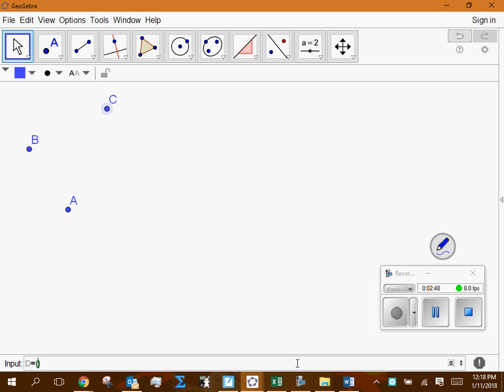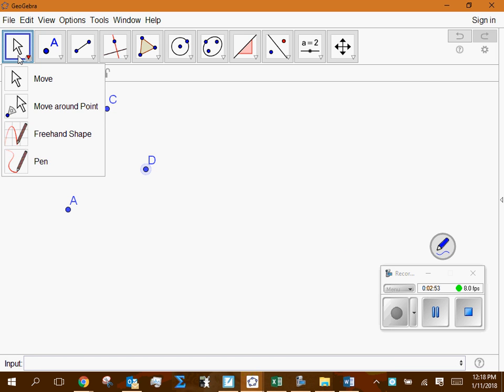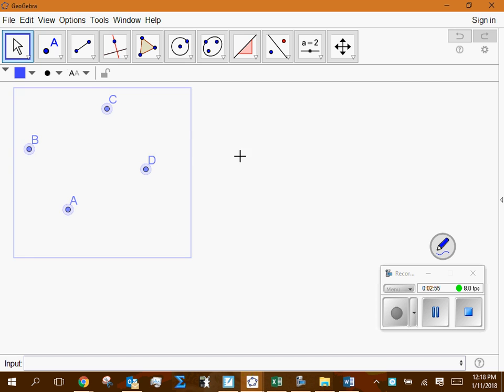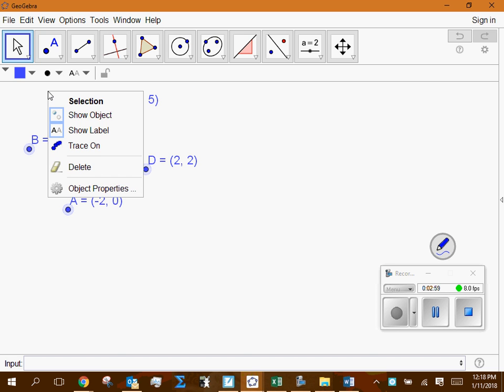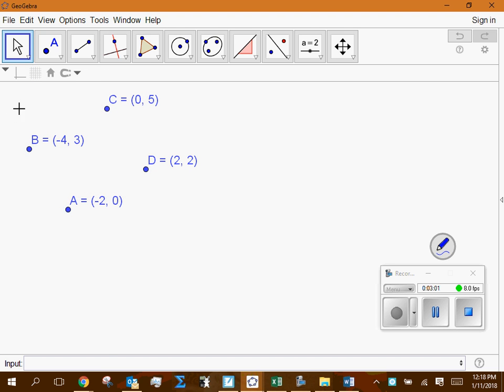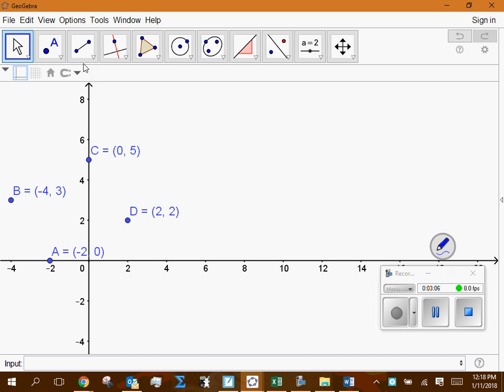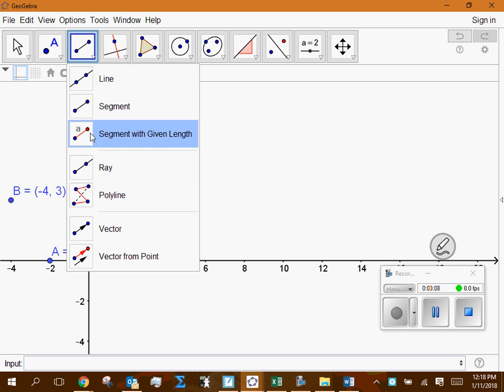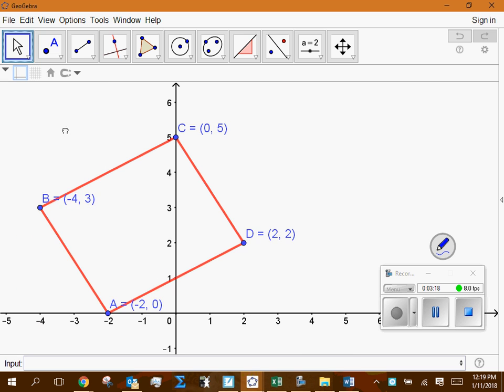And 2, 2. All right, so that's the set of points, and then we're talking about a quadrilateral, so it's a polygon, so go ahead and close it off with segments. And now we're going to start doing the work.